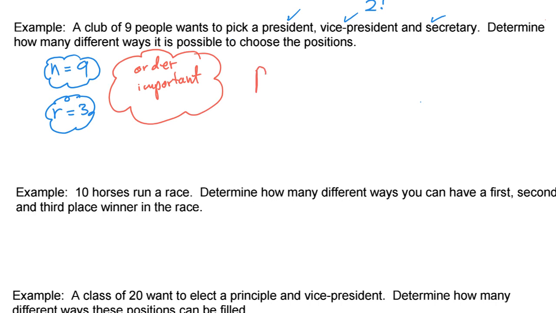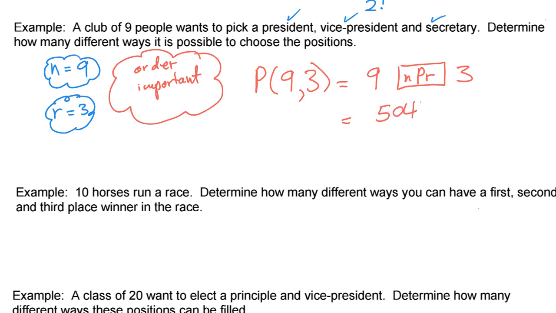So we're going to write P of 9, 3. If you did this on your calculator, you would enter 9, hit the nPr button, 3, and you would get your final answer. And we get 504 possible combinations.